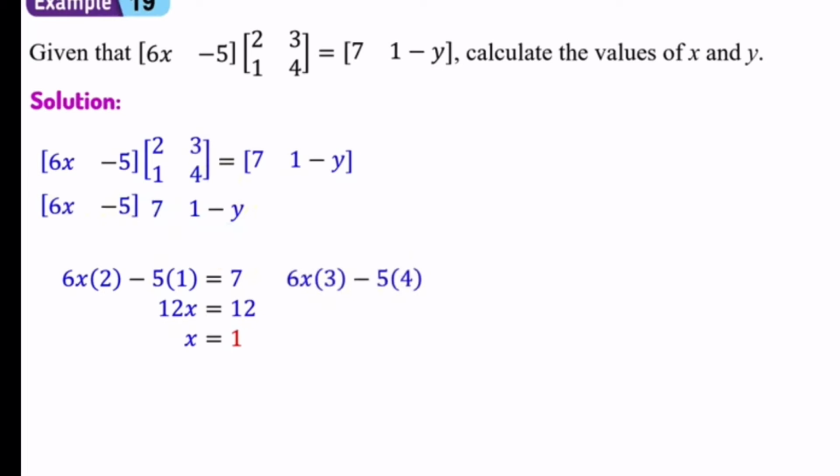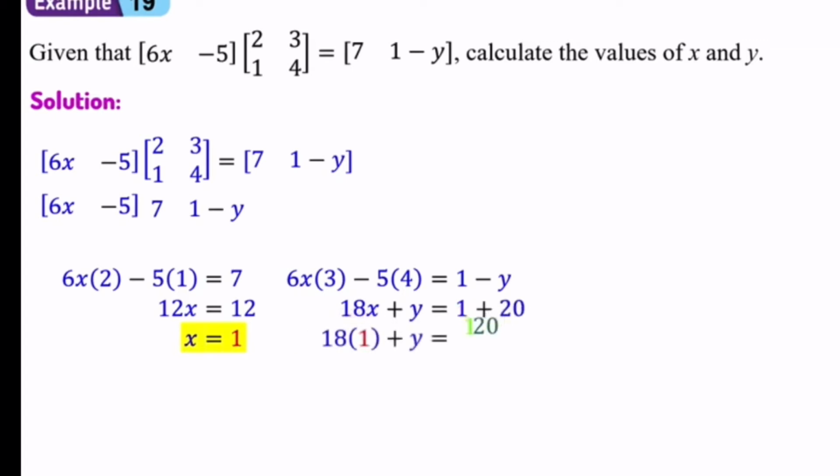So another one you also have to multiply carefully is 6x times 3 plus negative 5 times 4 is equal to 1 minus y. So we just compare and solve the value of y, then that is the answer.